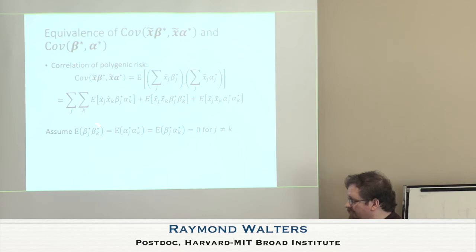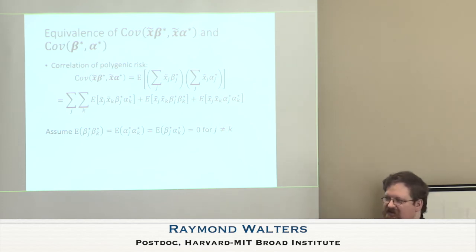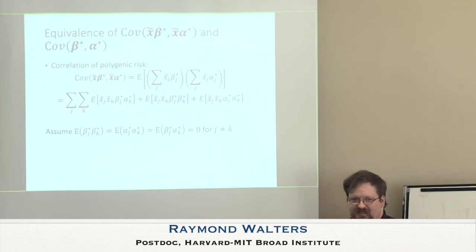So the first part here is the same kind of local independence of effect sizes assumption we made in the univariate case, that knowing the conditional effect size for one SNP doesn't tell you about the conditional effect size for any other SNP. So essentially random IID draws as far as effect sizes.